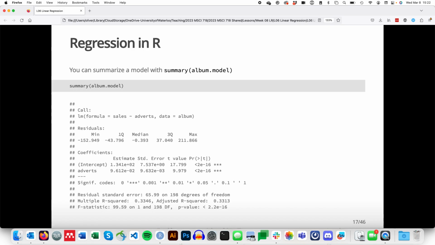Let's say sales_i equals beta_adverts times adverts, and there's some epsilon, but we're going to forget the epsilon for now.